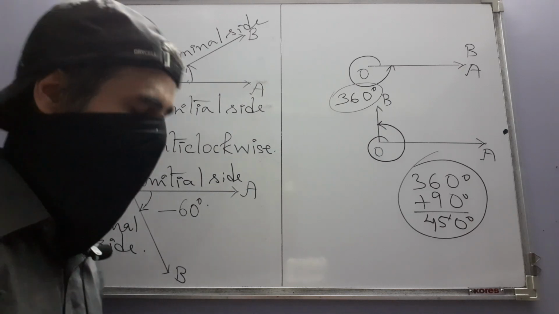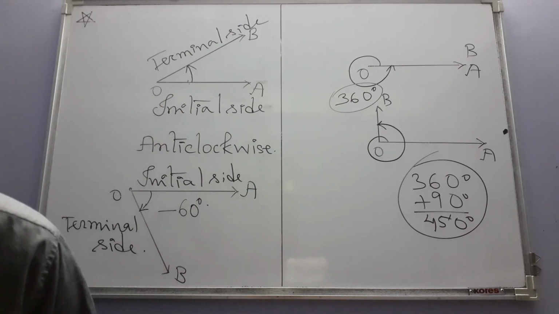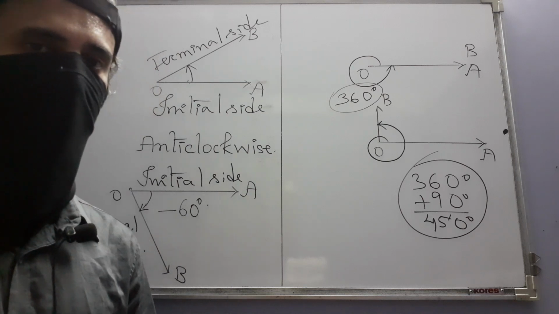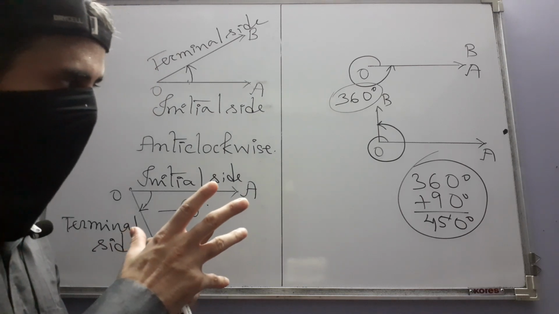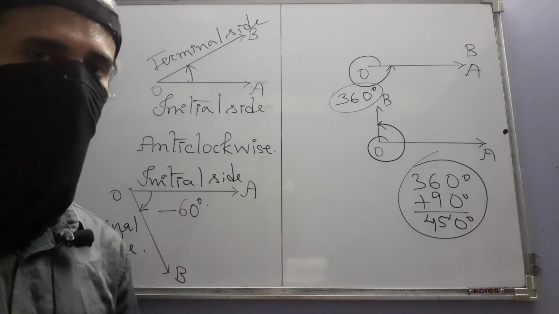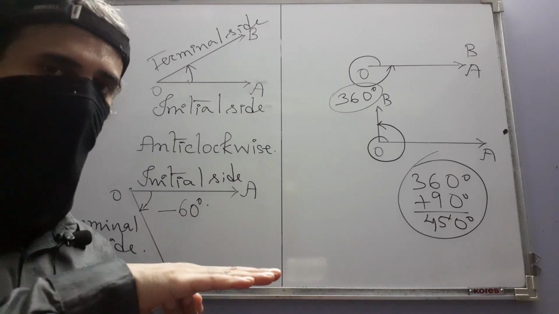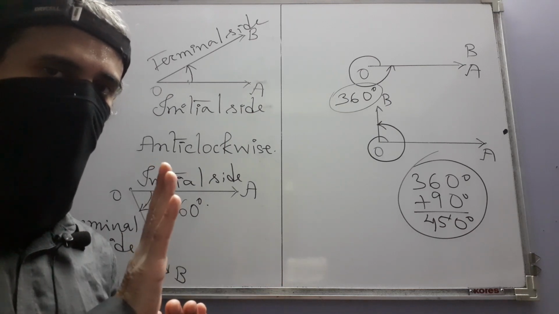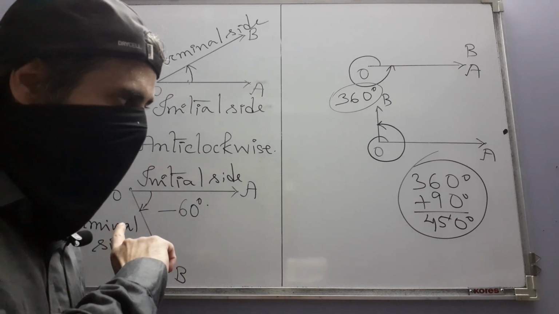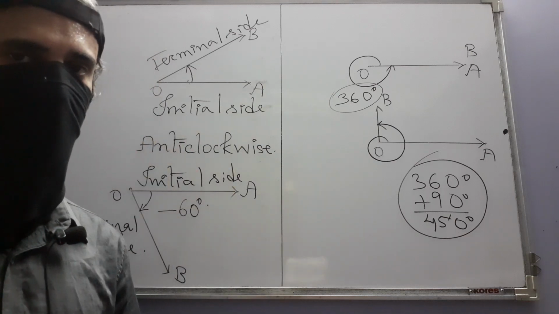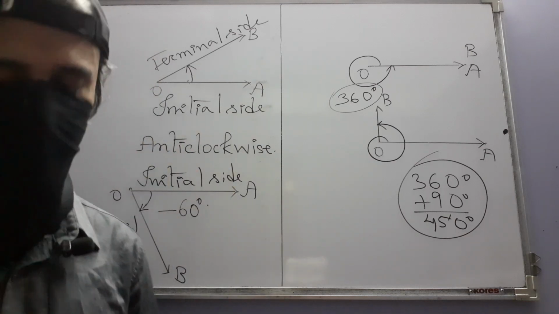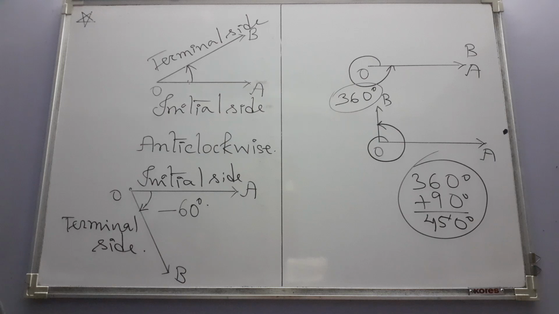Okay, and we are going to extend the existing trigonometric functions which work only for angular measures between 0 and 90 to all these angles. But how? That's the question. How are we going to do this actually?